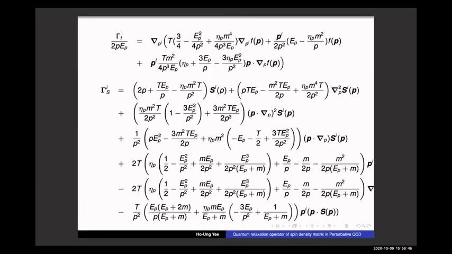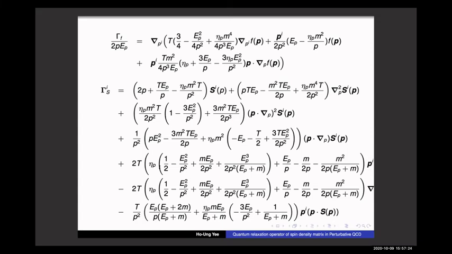There's no point in explaining any detail. We don't understand what the simple structure behind this actually is, but at least for the relaxation of the number distribution f, you see that this is given by a total gradient in momentum space. So the number conservation is already guaranteed, which was also quite non-trivial to check.